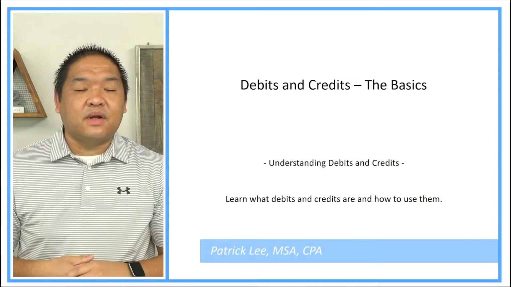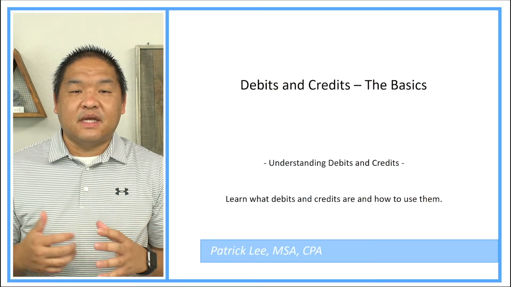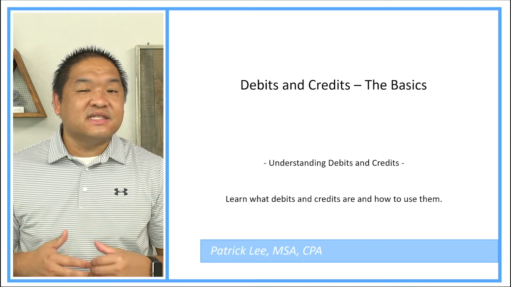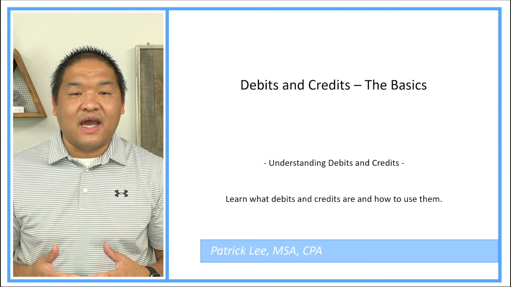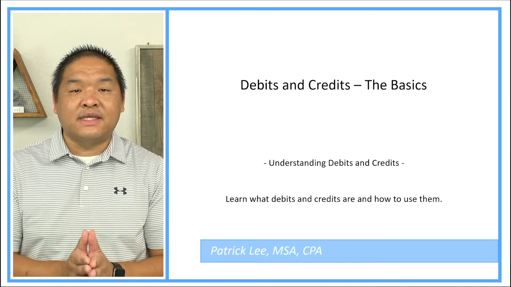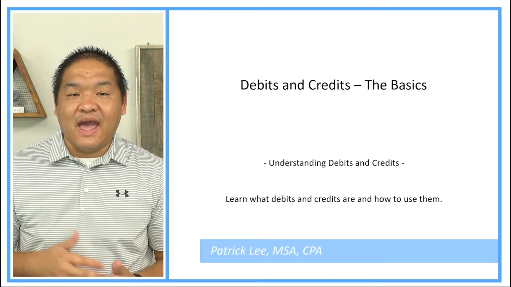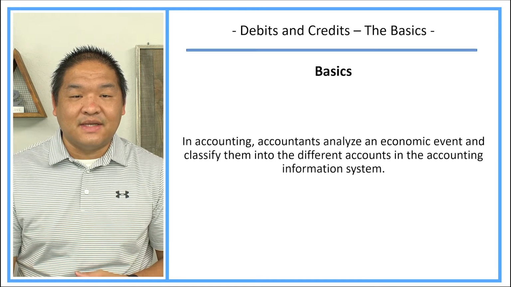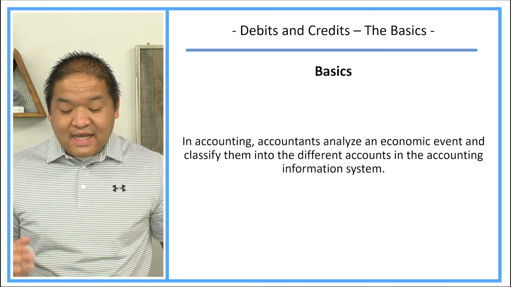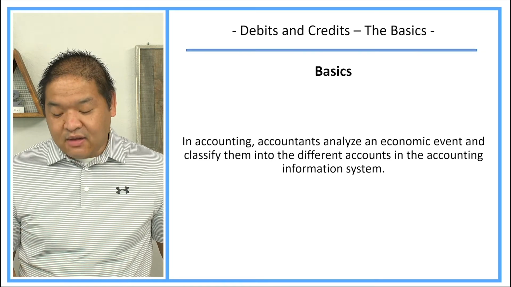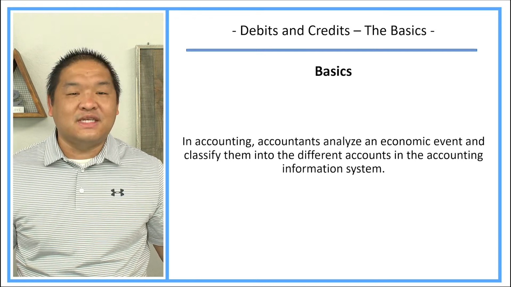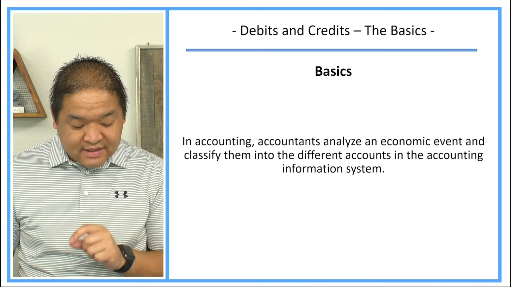All right, in this lesson, we're going to be talking about the basics of debits and credits. What do they actually mean in accounting? And this is going to set us up for understanding how we utilize debits and credits, specifically for journal entry preparation. So let's take a look here at the basics of debits and credits. In accounting, accountants analyze an economic event and classify them into different accounts in the accounting information system.